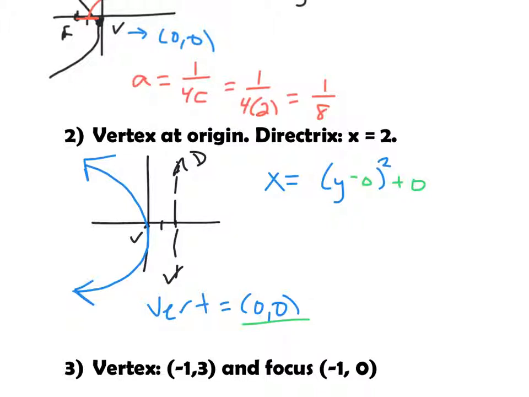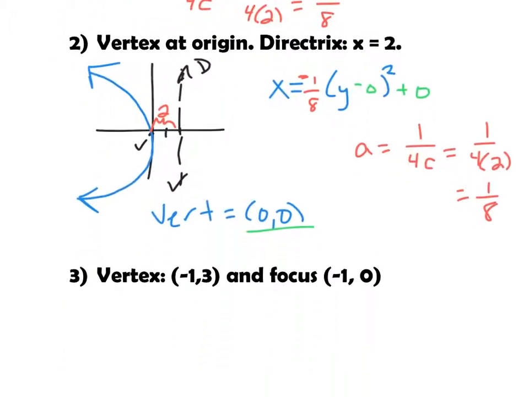To get my a, we're going to do a = 1/(4c). c is how far, in this case, the directrix is from the vertex, which is 2 units. So 4 times 2 gives us 1/8. And once again, it's opening to the left, so we're going to put negative 1/8.